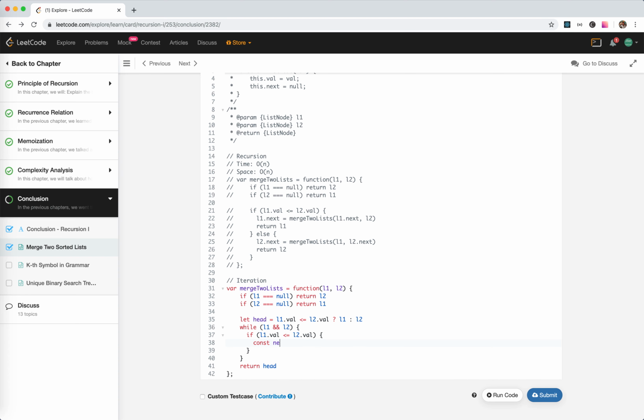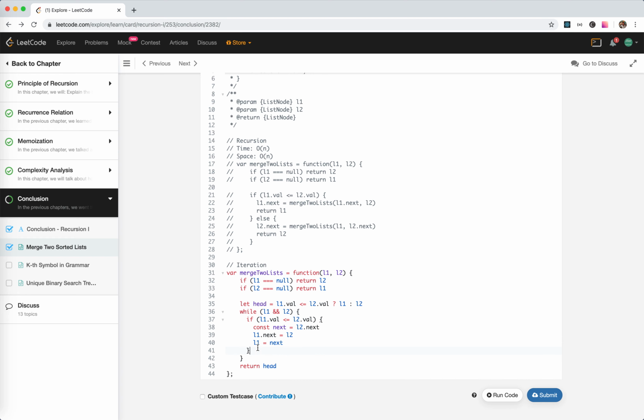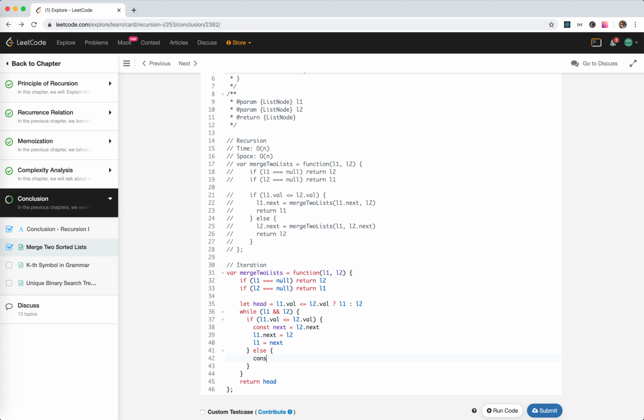We update: next equals L1 next, L1 next should be L2, L1 equals next. In the other case, const next equals L2 next, L2 next equals L1, L2 equals next.